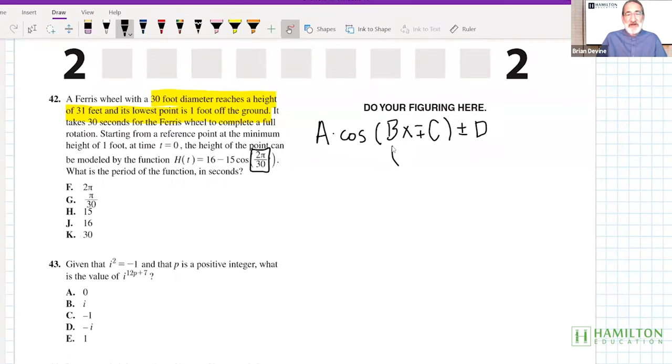And this number here in particular affects the period. If we take the old period of cosine, 2 pi, divide it by the b number here, 2 pi over 30, we get the new period. So this will give us the period of this Ferris wheel, which we can see is 30 seconds. Now, I will point out they told us the answer in the problem.